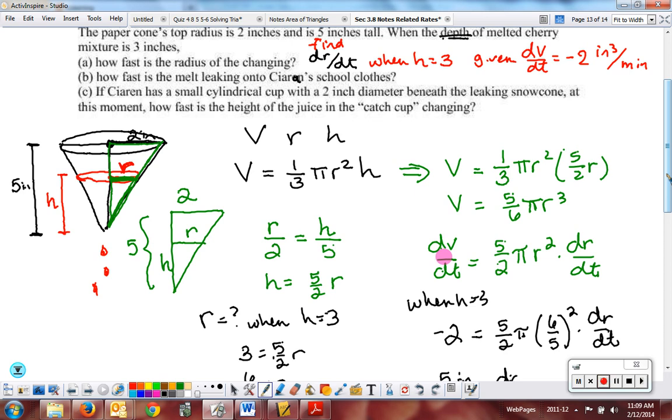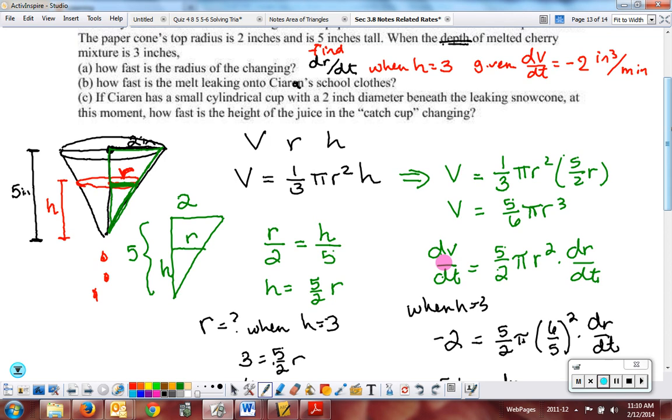What's happening with the melt? It's dripping onto him. It's negative. He's accumulating melt onto his clothes. He is not decreasing the melt. The melt is decreasing out of the cone, leaving the cone and accumulating on his clothes. Unfortunate.